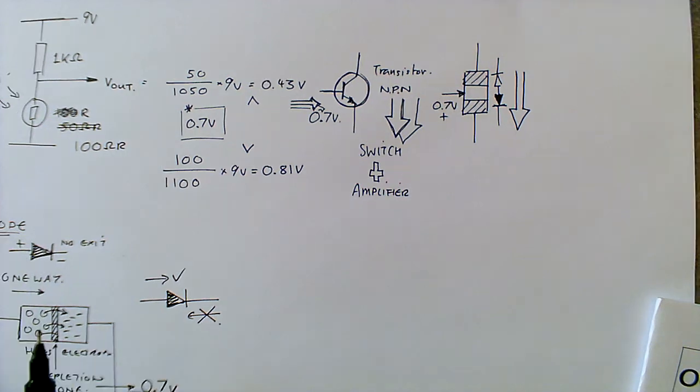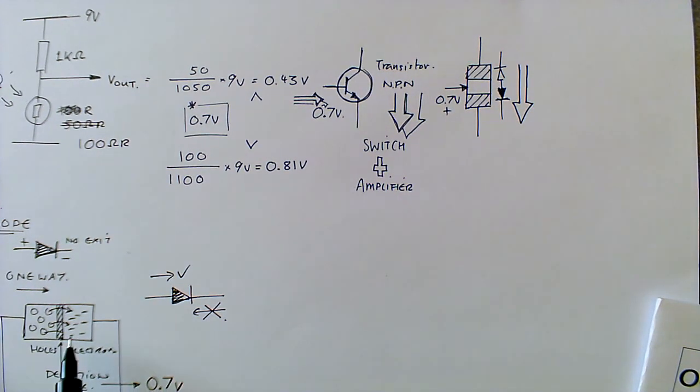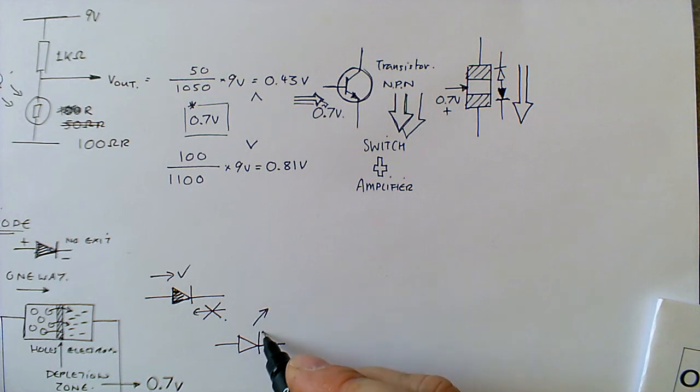Now, diodes like this have lots of different uses. They're not just one-way directional. You can have a diode which emits light. You'll have heard of these, light-emitting diodes.